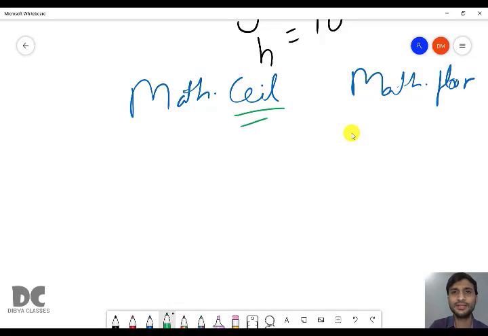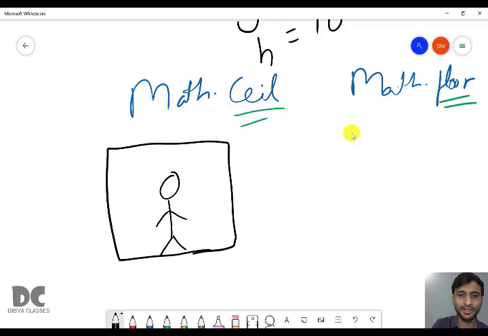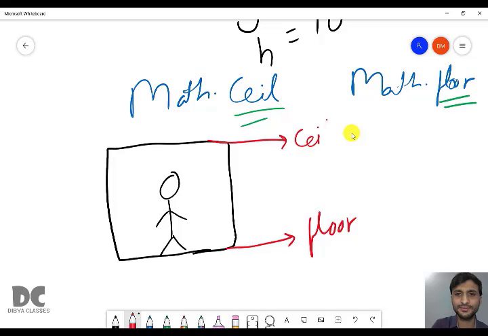Ceil means nothing but ceiling. It is the short form of ceiling. Floor you already know. If you're standing in a room, this will become your floor, right? And this will become your ceiling. Clear? So this is your ceiling and this is your floor.